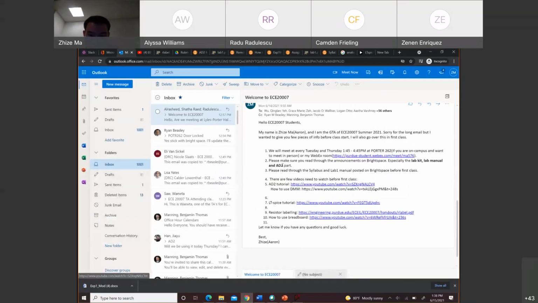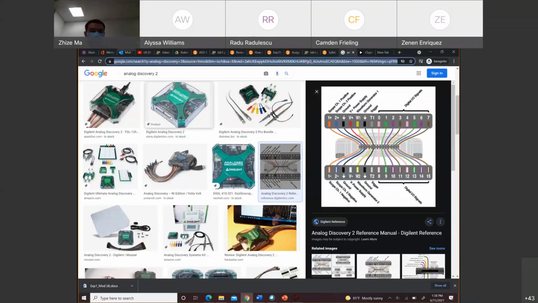You also need to watch through the AD2 tutorial before you start doing the experiment. After you have your AD2, at the bottom of the AD2, you have some pins. This is the pin layout, and the picture looks like this.